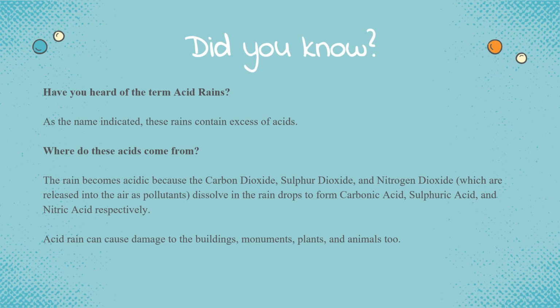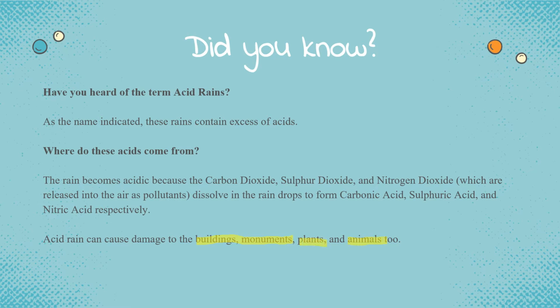Have you guys heard about acid rains? Well, as the name indicates, acid rains mean rains which have acid or are acidic in nature, right? These rains can be very harmful because acid rains damage buildings and monuments, and they're also harmful to plants, animals, and us too.